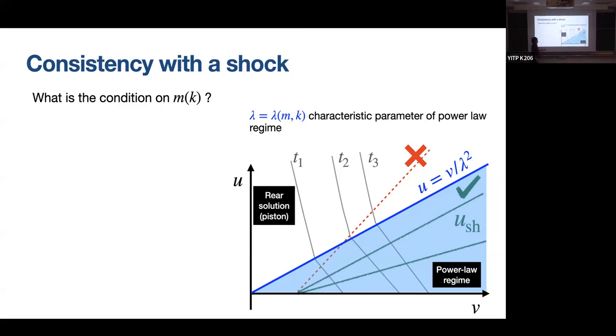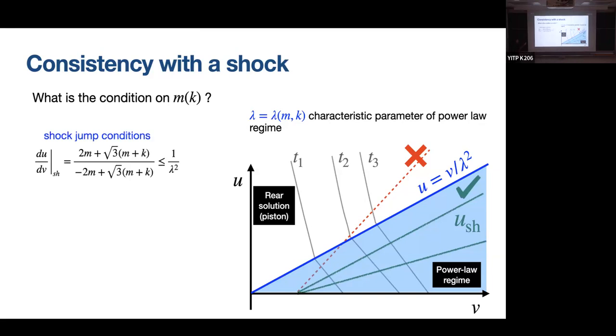But then if the shock does something like that, if it's either parallel to this line, or if it's shallower than this line, you can see that the power law region is maintained, sometimes maybe it can grow. So if the shock does anything between here and here, then it's good. So if we want to formulate this condition in terms of equations, using jump conditions at the shock, we can write the expected derivative of the shock, which depends on m and k.